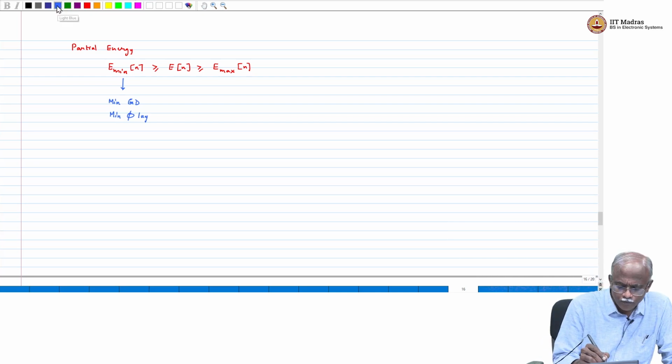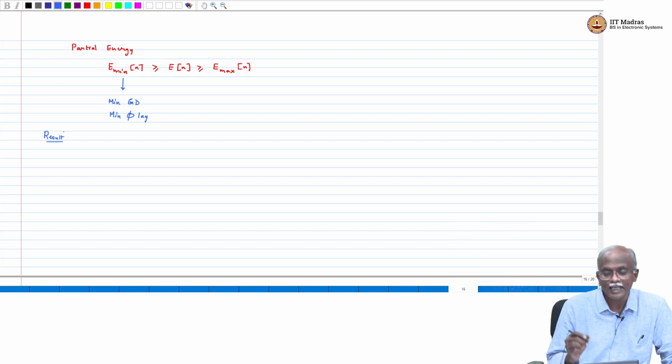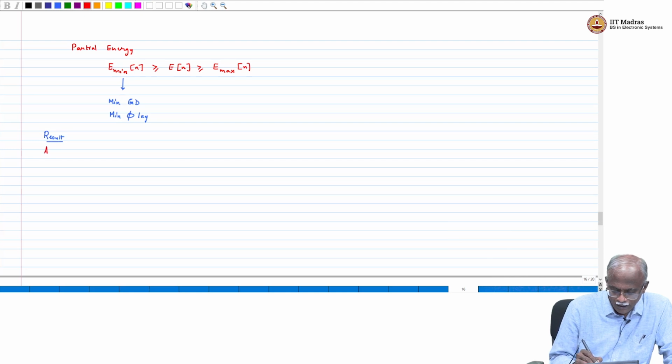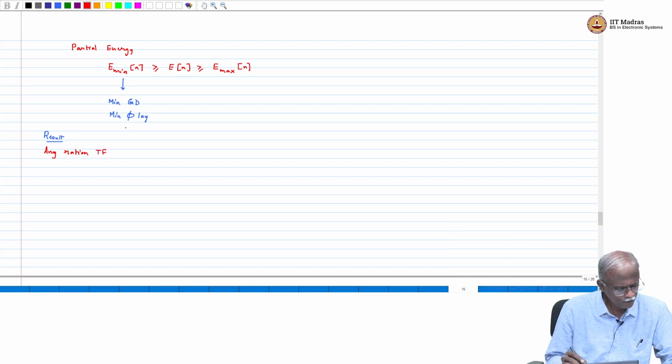Now comes a very important result which you must always keep in mind. This result says any rational transfer function h of z that is causal and stable. Again, we are only interested in causal and stable transfer functions.